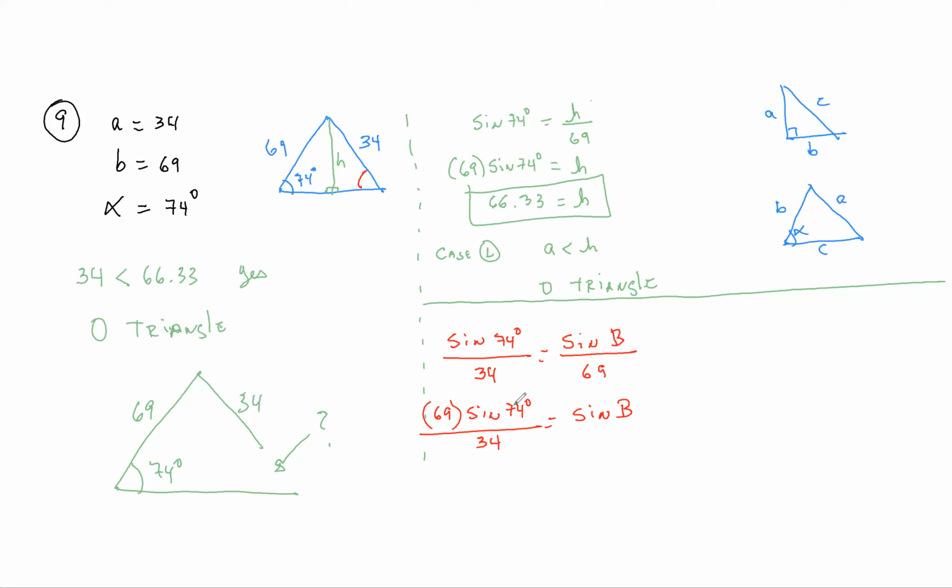Since I'm looking for capital B, I need to apply the inverse. Now sine inverse of 69 times sine of 74 over 34.